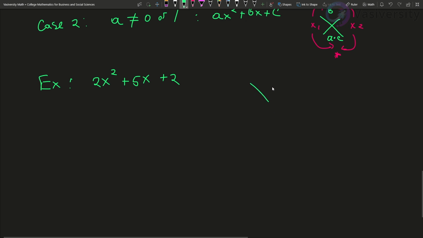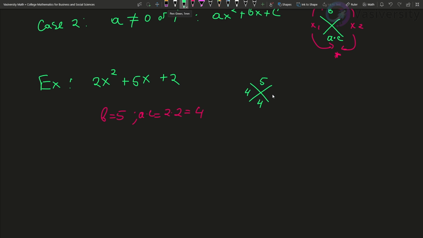Then our b is equal to 5, and a times c is equal to 2 times 2, which is 4. So we have that b is equal to 5 and a times c is equal to 4. So we have something times something is equal to 4, and something plus something is equal to 5.